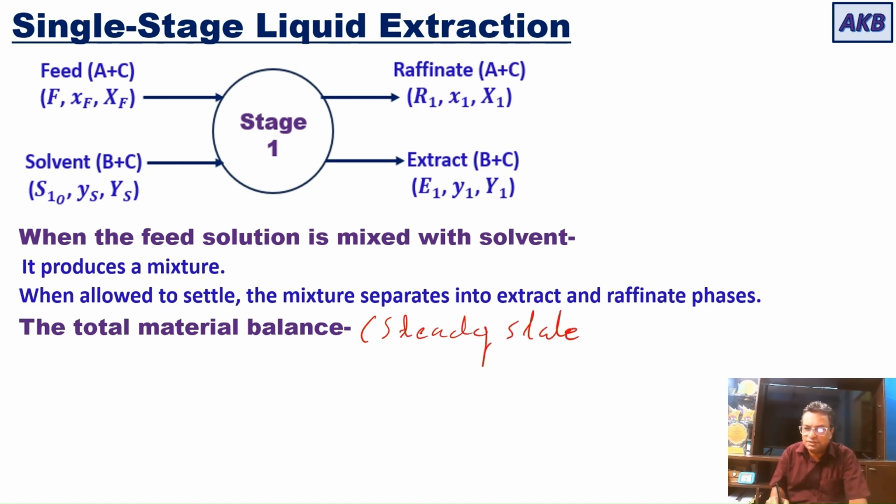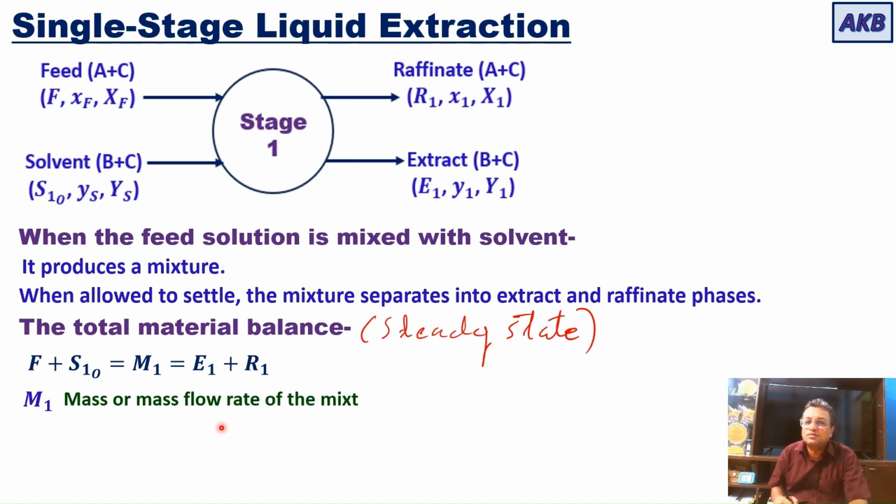So at steady state, the feed is mixed with solvent, so F plus S10 produces a mixture M1, and then this mixture separates into extract and raffinate phases. In this equation, M1 is the mass flow rate of the mixture that is produced when you mix the feed solution with the solvent.